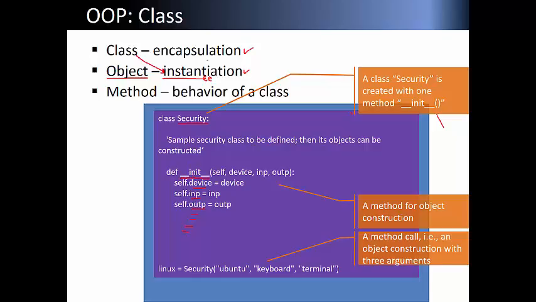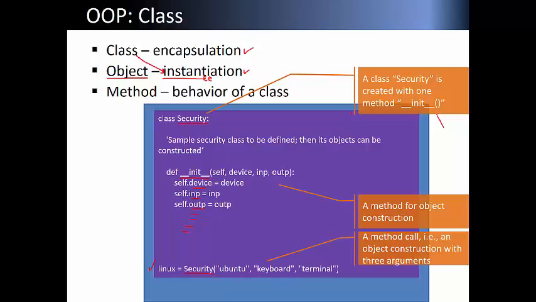So we did encapsulation and instantiation. If you want to do instantiation, for example, I want to instantiate security, this is the class, same class name, right? Security, but in a particular instance, I would say device name is Ubuntu, and input is keyboard, and output is terminal.